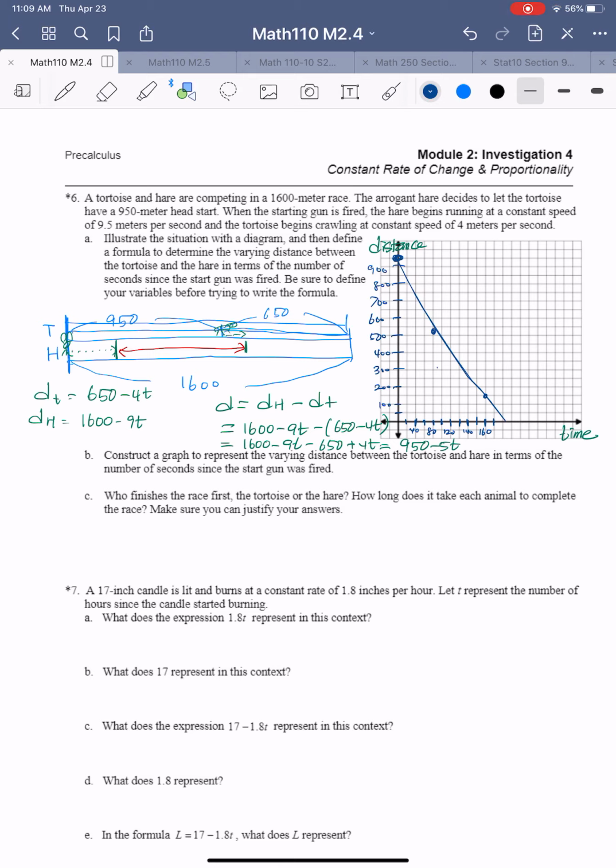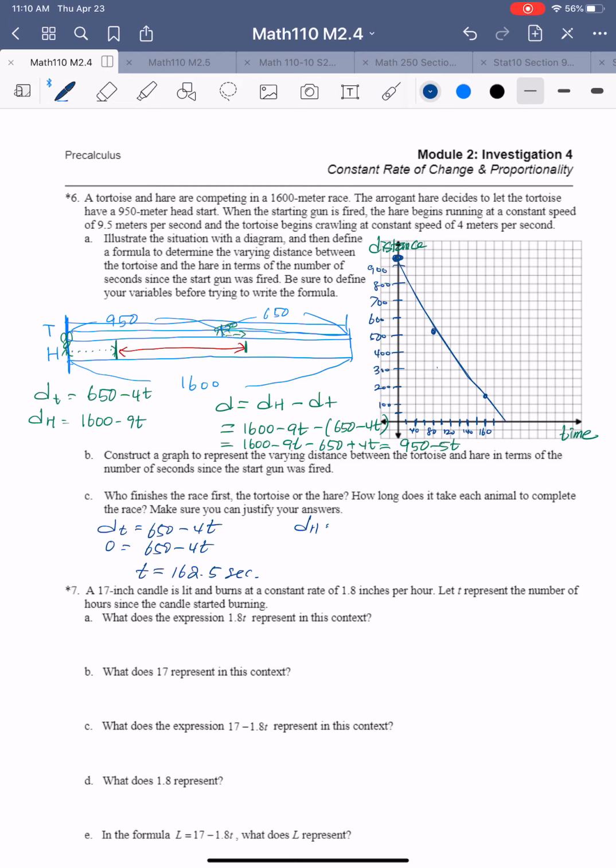All right. So C: who finished the race first, the tortoise or the hare? How long does it take each animal to complete the race? In order to find that, first of all, the tortoise distance was 650 minus 40t. Completing the race means zero distance remaining, right? So the tortoise takes 162.5 seconds.